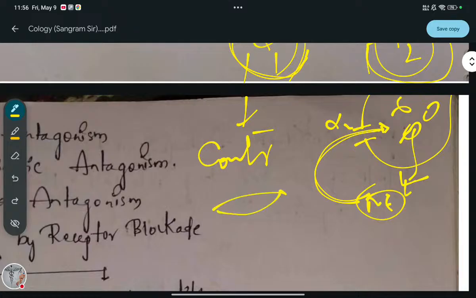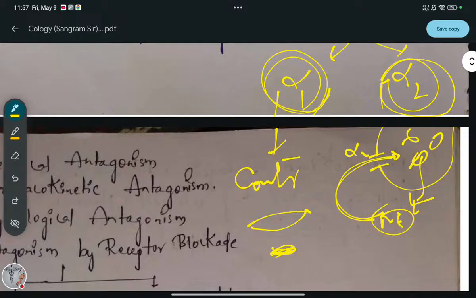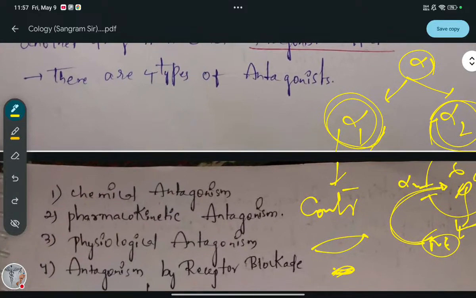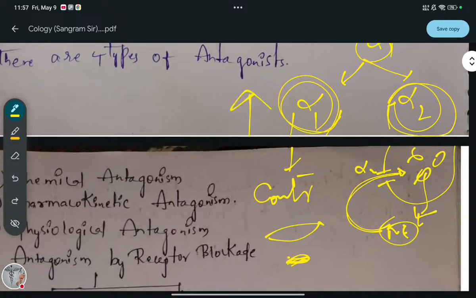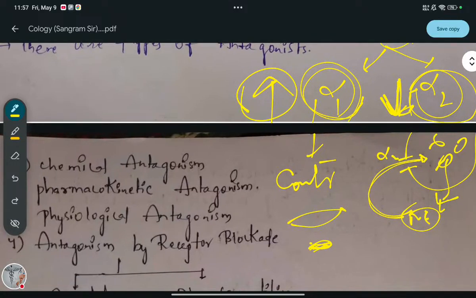Due to contraction, vasoconstriction will take place, and due to the vasoconstriction blood pressure will increase. So this is a type of physiological antagonism. In that case, one is increasing the blood pressure and another one is decreasing the blood pressure. So ultimately blood pressure will neither increase nor decrease, it will be in a mixed situation.